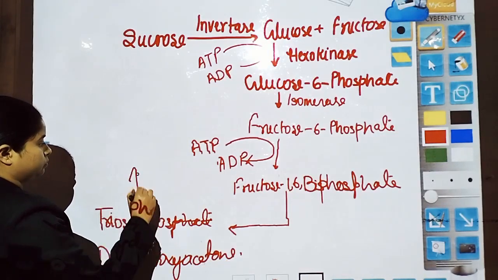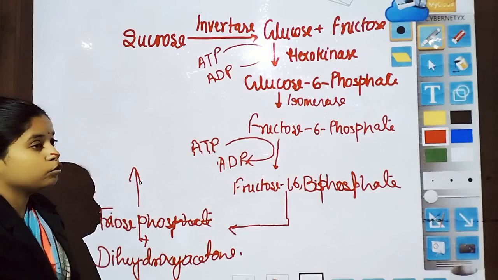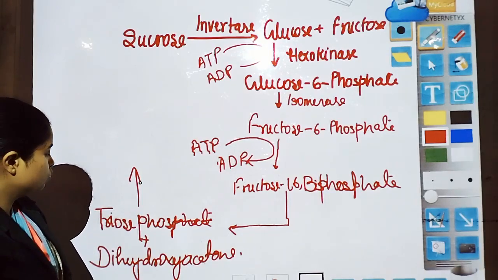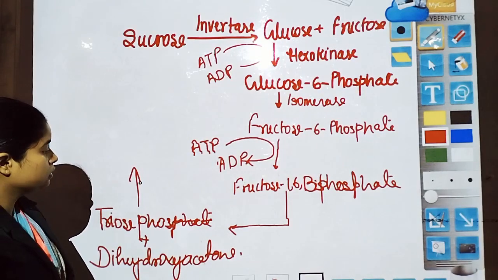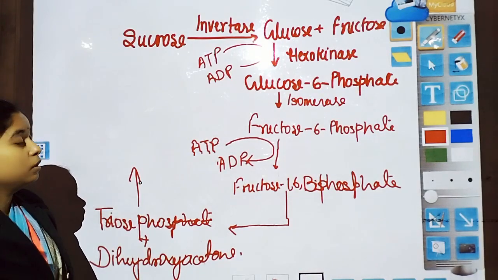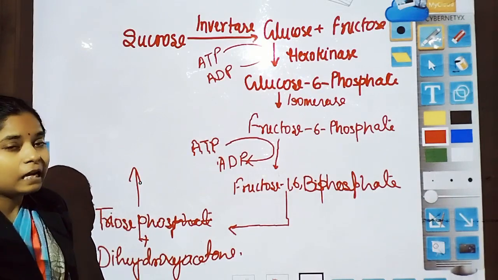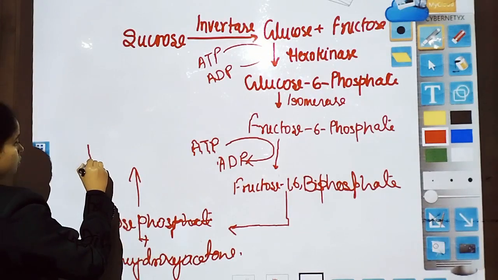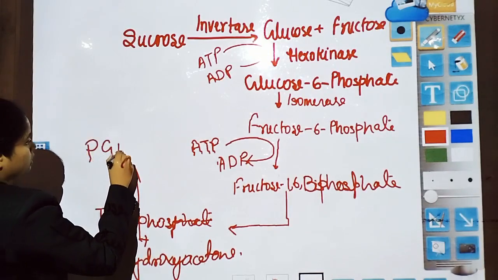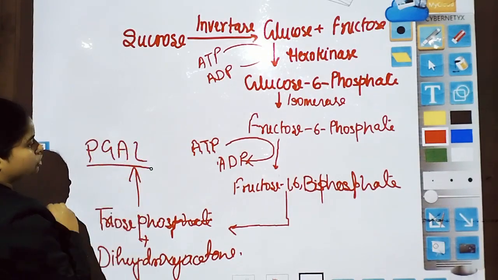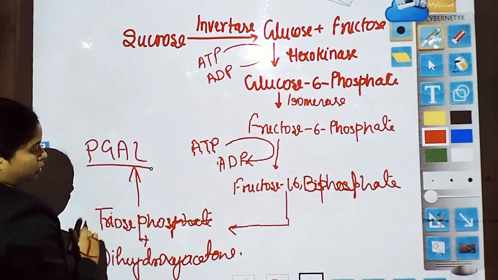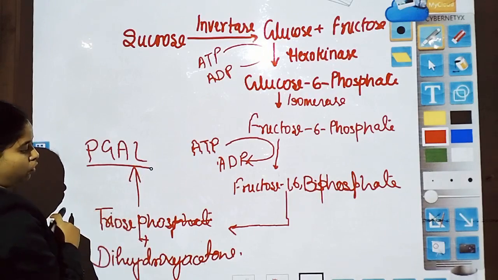Then triose phosphate is converted into glyceraldehyde 3-phosphate, phosphoglyceraldehyde, PGAL.